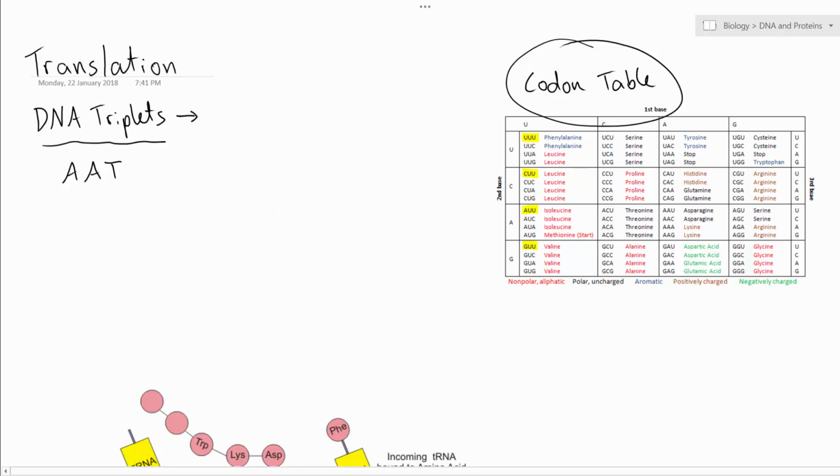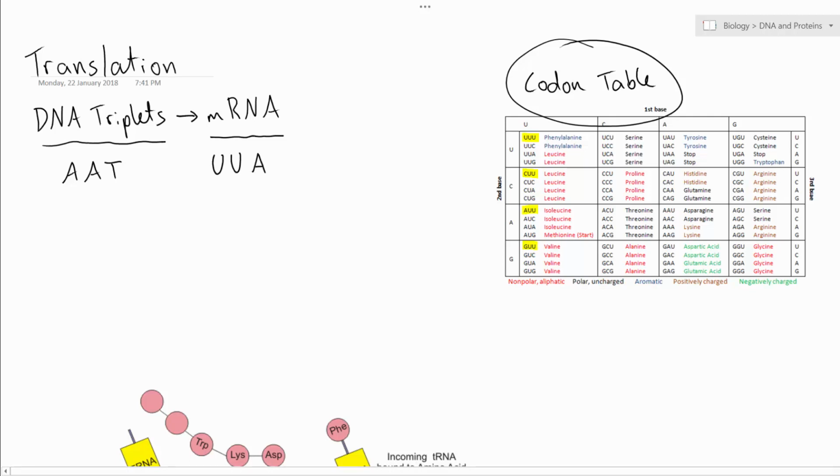Now, on the mRNA, which is synthesized off the template strand of DNA, that AAT would be made on the RNA strand in a complementary manner as UUA.